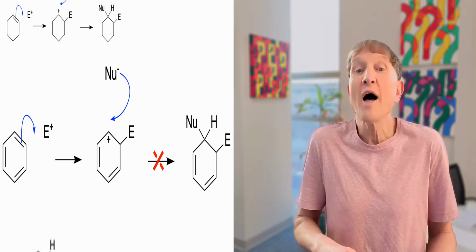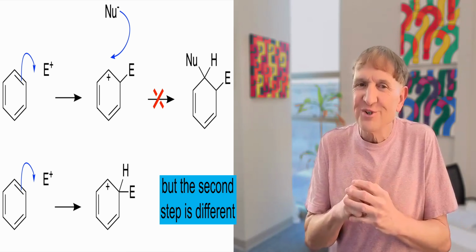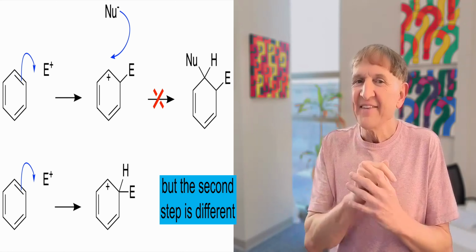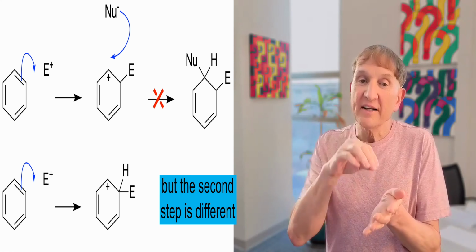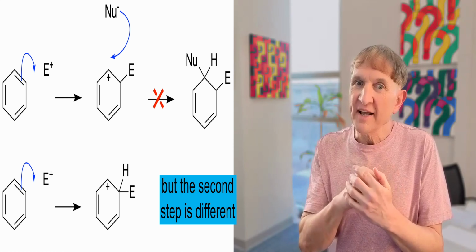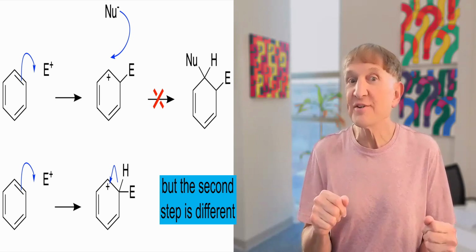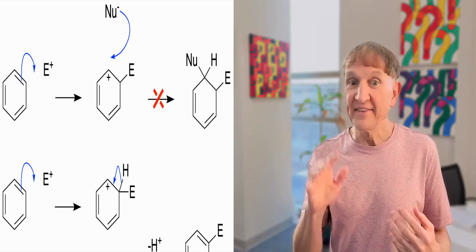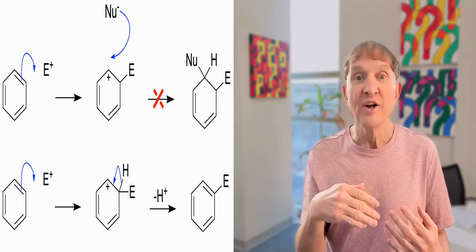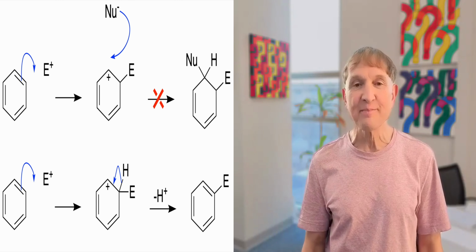To discuss why it doesn't proceed, it's useful to draw in that hydrogen on the same carbon where the electrophile is added. Don't forget that hydrogen. You need it, because that's the hydrogen that's going to leave as a proton. And the electrons will push back in, regenerating the aromatic ring, getting all that energy back.